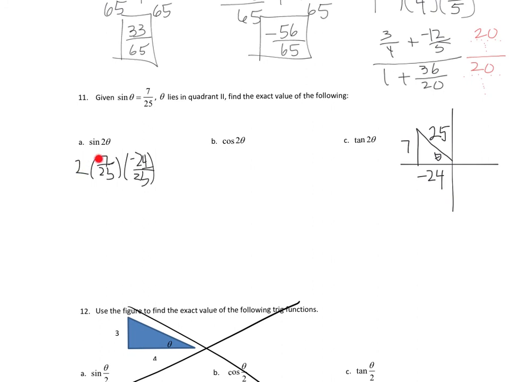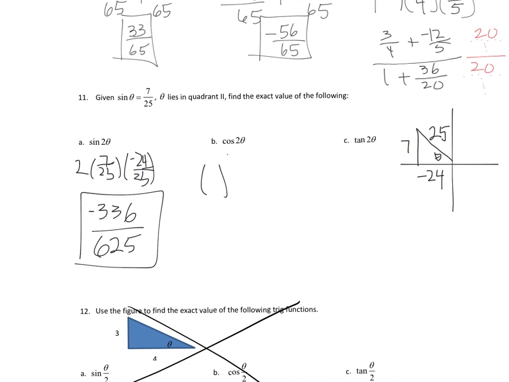And then we multiply. In the numerator, we have 2 times 7 times 24, which gives you negative 336 over 25 squared, which is 625. That's not reducible. Next, we have cosine 2 theta. I'm going to do the first formula, which is cos squared minus sine squared. So first we have cos squared, cosine of theta is negative 24 over 25. So we plug that in.